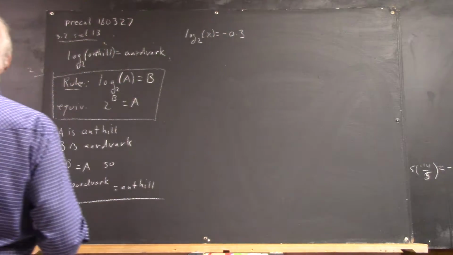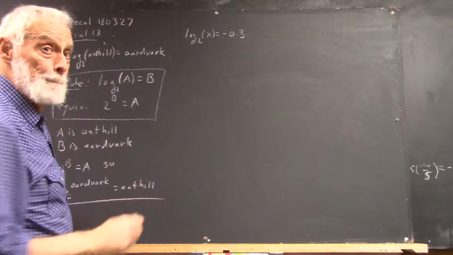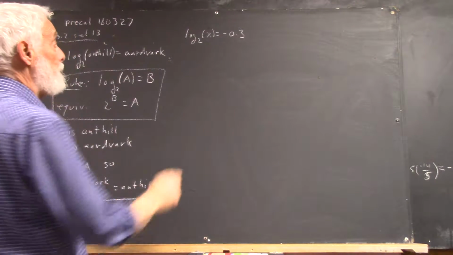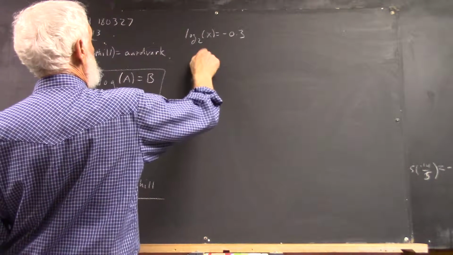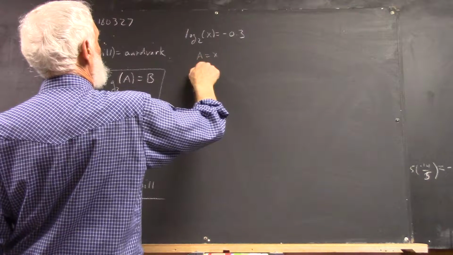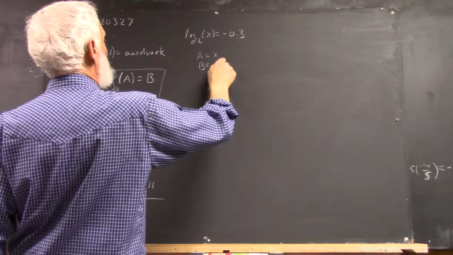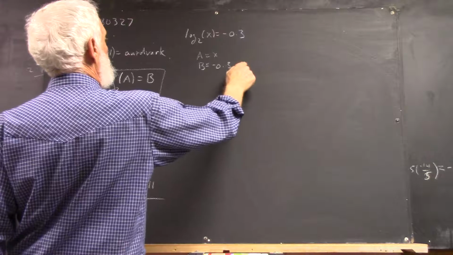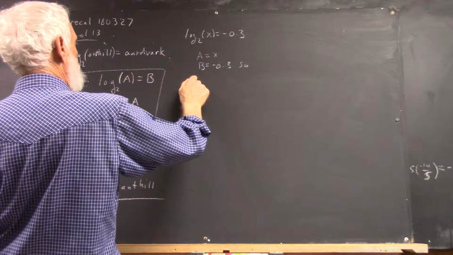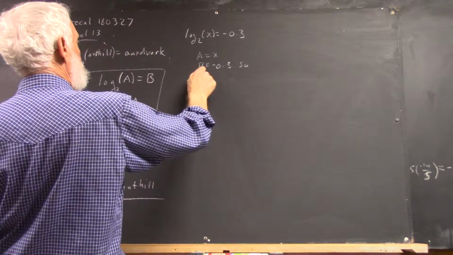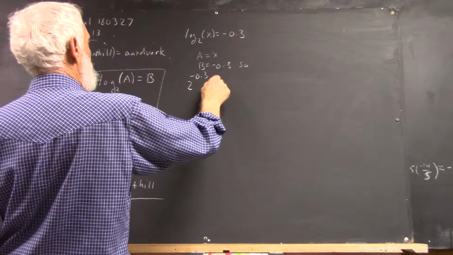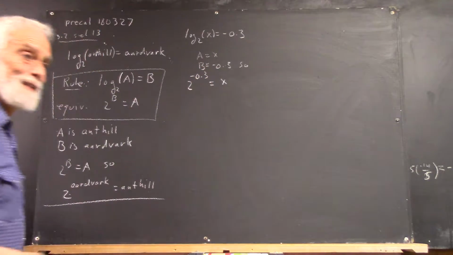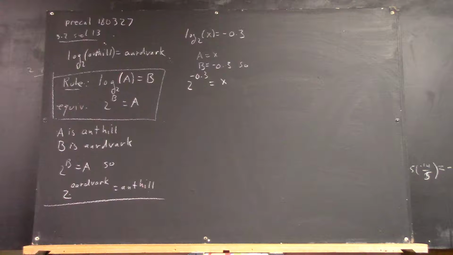But let's get back to Earth here and try log base 2 of x equals negative 0.3. What's this equivalent to? Well, A would be your x and B would be negative 0.3. So you have 2 to the negative 0.3 equals x.